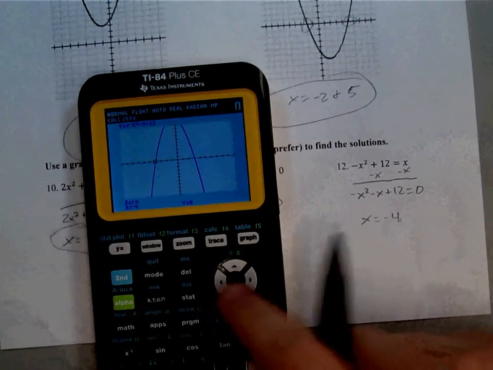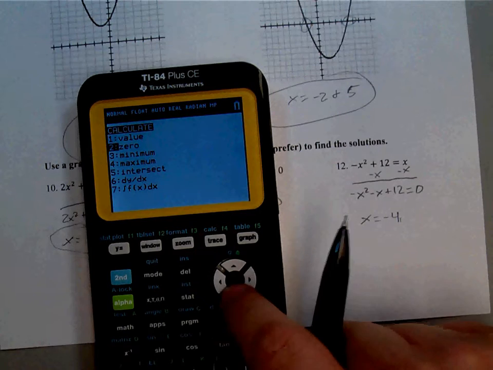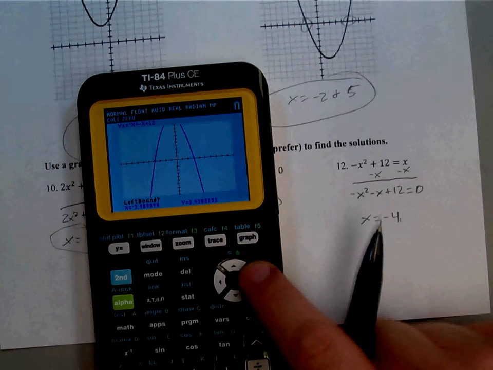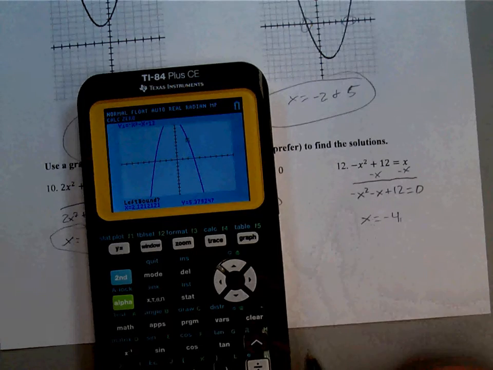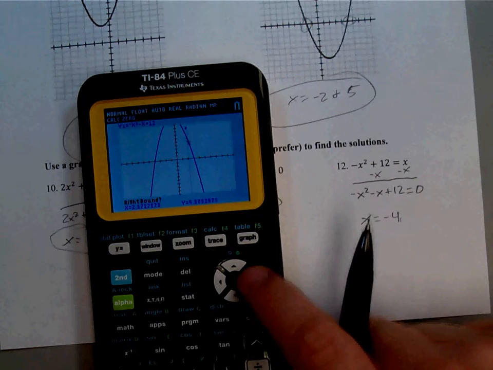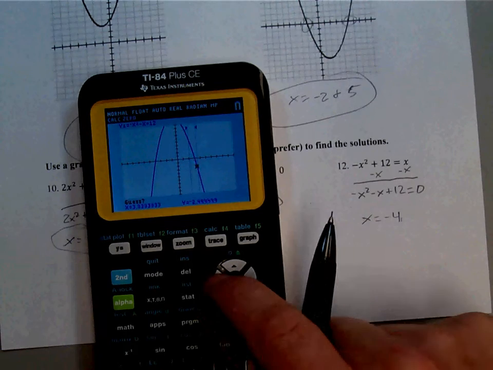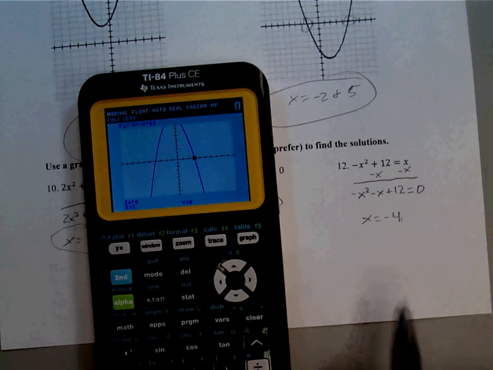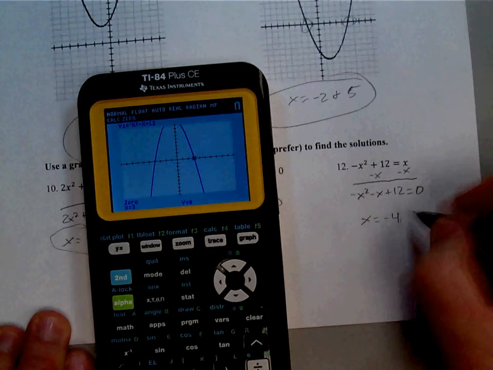And now, repeat: second, calc, 0. Left bound. So travel to the left of the 0, travel to the right of the 0, and give it your best guess, and we get 3. So I get negative 4 and 3.